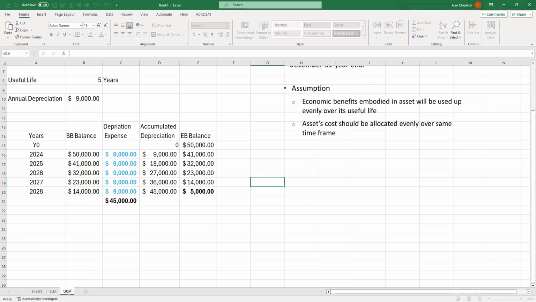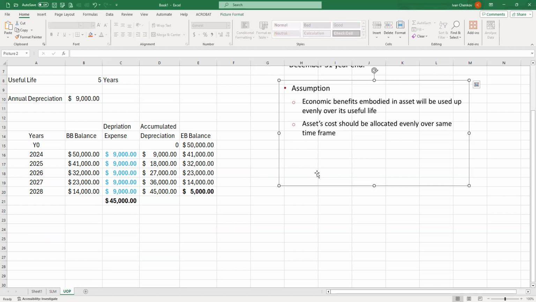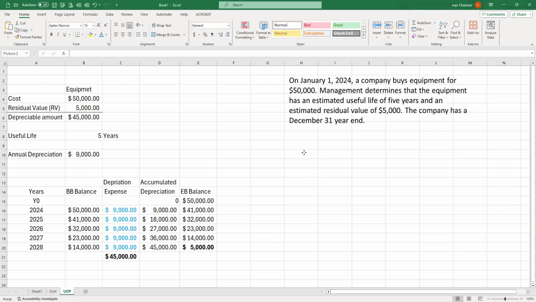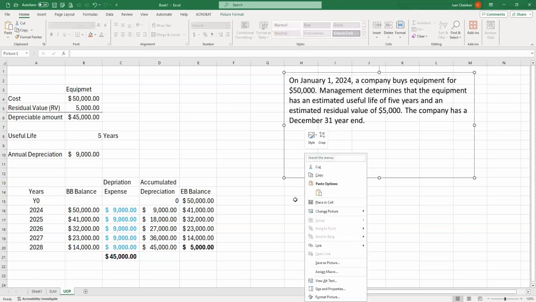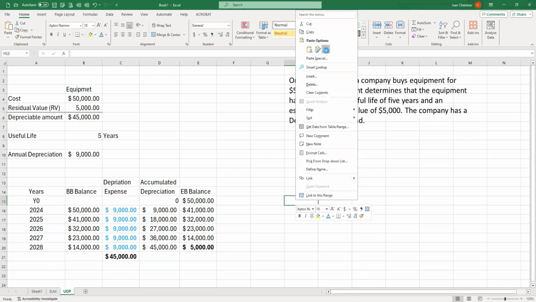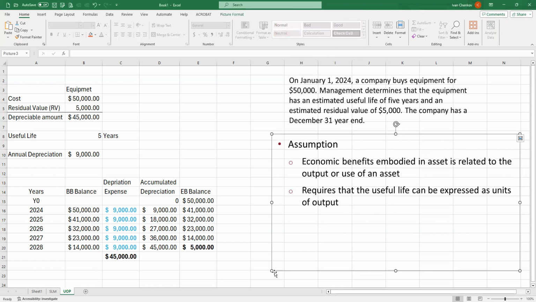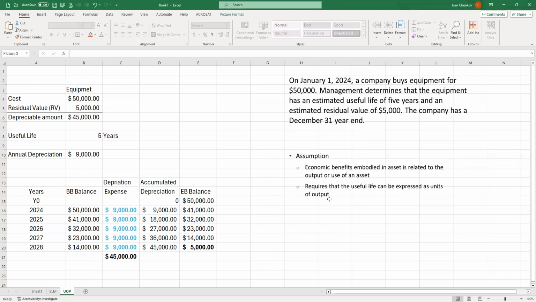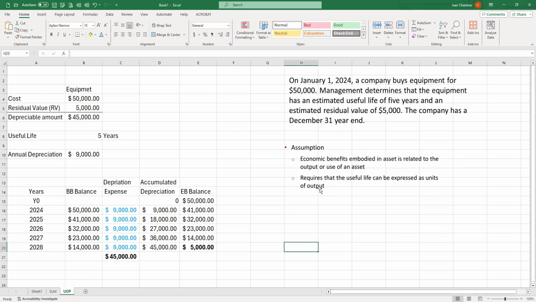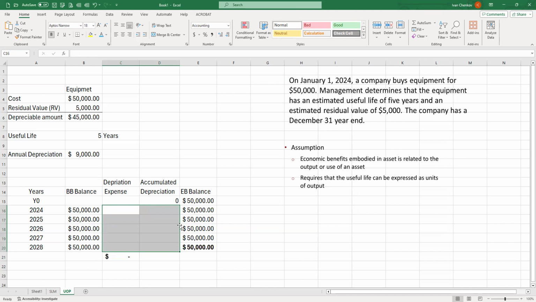For the unit of production, we're still gonna work with the same example, but we're gonna make some modifications to our Excel spreadsheet. Because the economic benefits of the asset are now related to the units of use, we have to come up with a new idea of how exactly we're gonna calculate that depreciation expense.